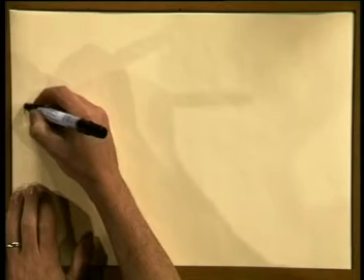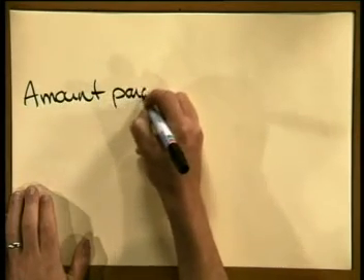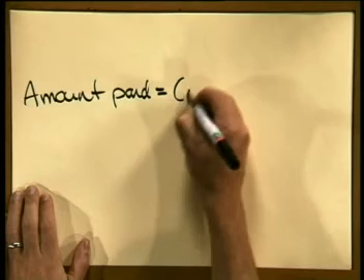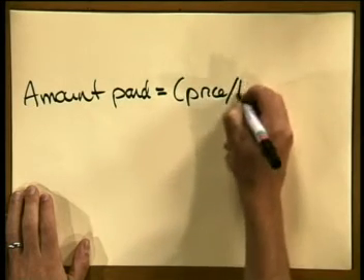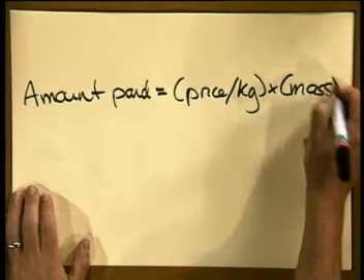In this example, the amount paid is equal to the mass in kilograms multiplied by the price in rands per kilogram. Now, we need to take these words and change them into a formula so that we can work out the amount paid for any mass. We said that the amount paid by the depot for the cans is equal to the price per kilogram multiplied by the mass of cans.